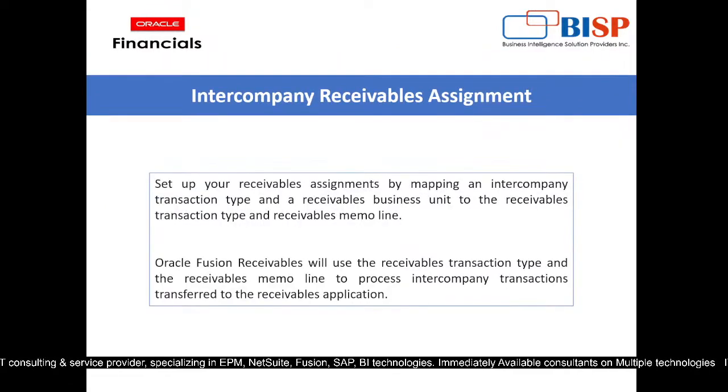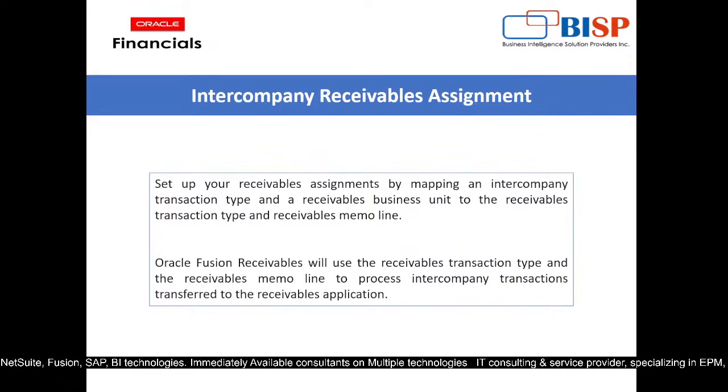Okay, so let's move to our first slide, which is intercompany receivables assignment. Through intercompany receivable assignments, we can map our intercompany transaction type and a receivable business unit to the receivables transaction type and receivables memo lines. Oracle Fusion Receivables will use the receivable transaction type and the receivable memo line to process the intercompany transaction transfer to the receivable application.